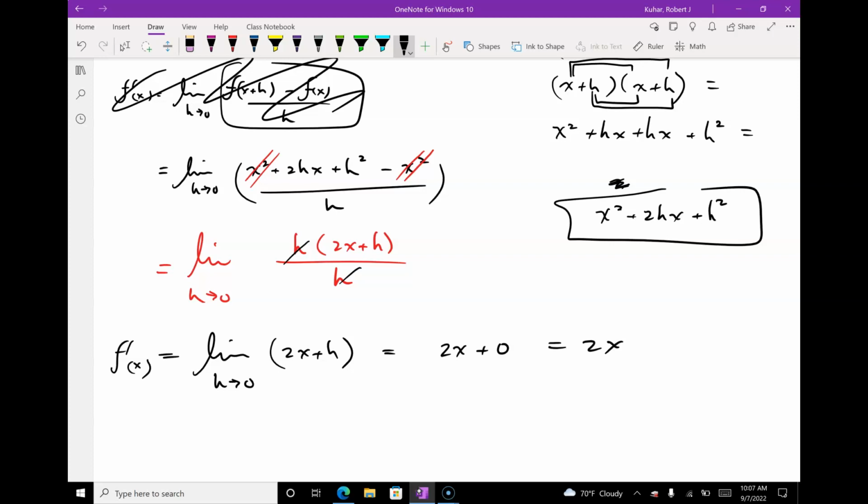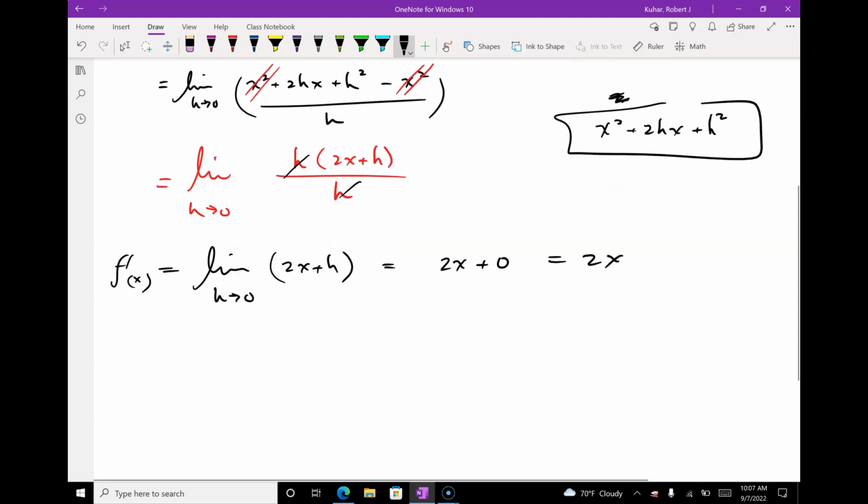Notice when I put the h in as 0, I'm no longer writing the limit notation, right? I'm already at the wall. There it is. There's no shortcut. Someone yelled out 2x when I said the function was x squared. So here's what they know and what you're about to know.